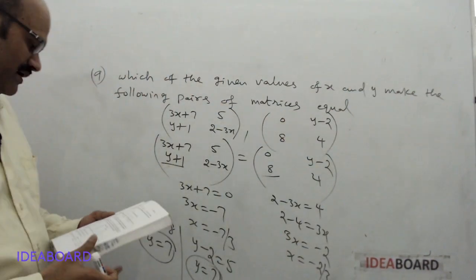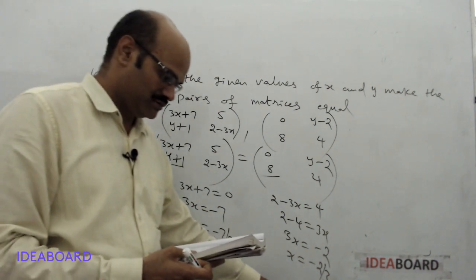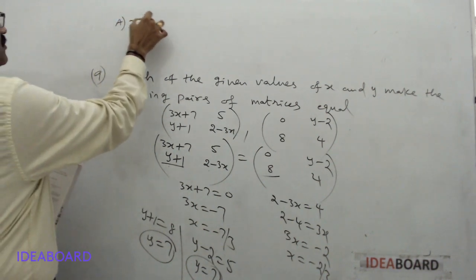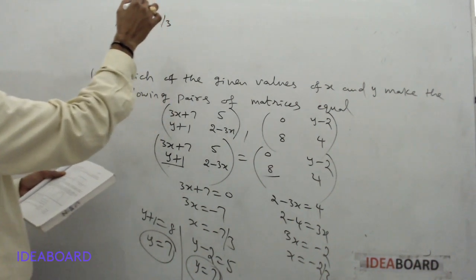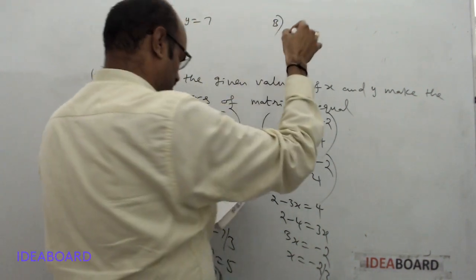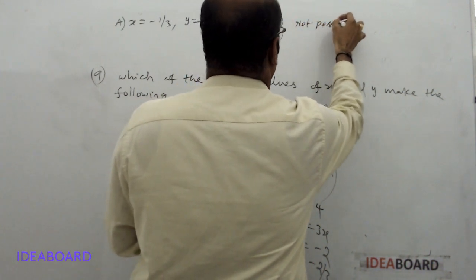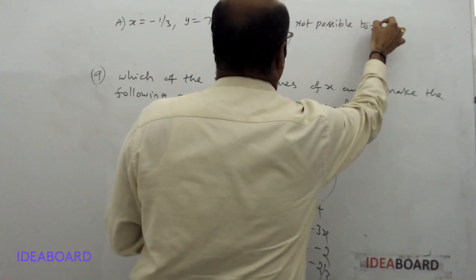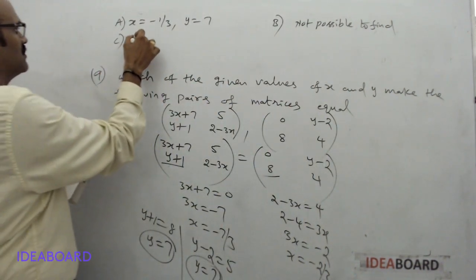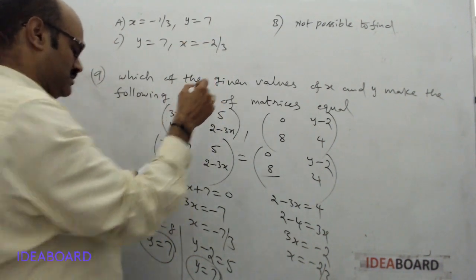Here the options are given. Option A is given by x equal to minus 1 by 3, y equal to 7. Option B is given by not possible to find. Option C is given by y equal to 7, x equal to minus 2 by 3.